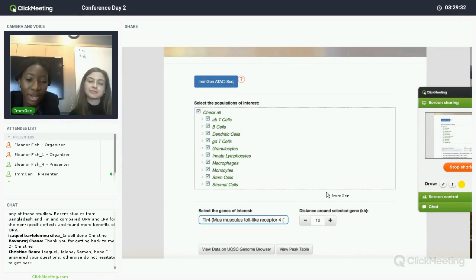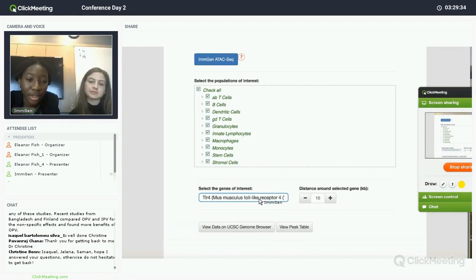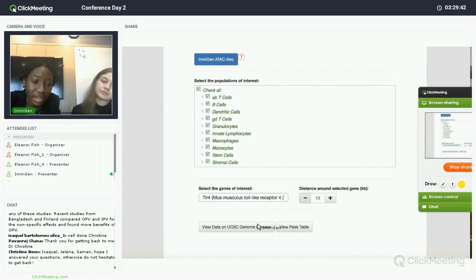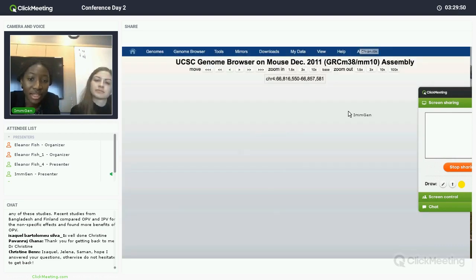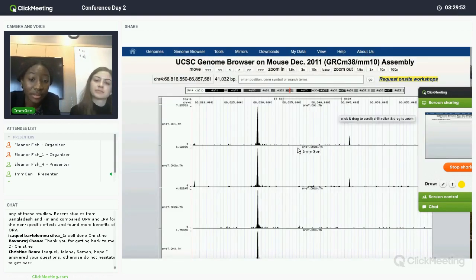And if you know where the enhancer for this particular gene is, whether it's 10 kilobases upstream, you can adjust this value. You can do, as you can see here, and this takes you to the UCSC genome browser that you may be familiar with, that gives you the visualization of the different peaks that are available.